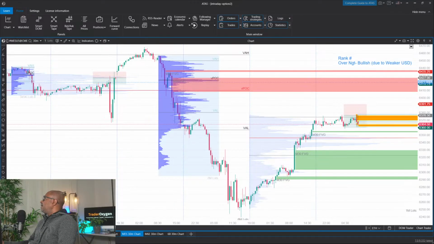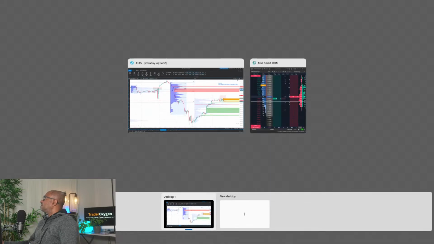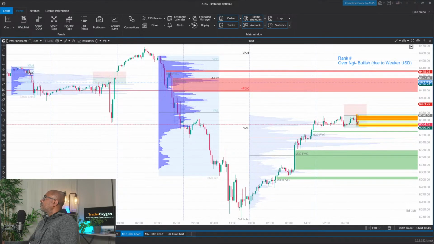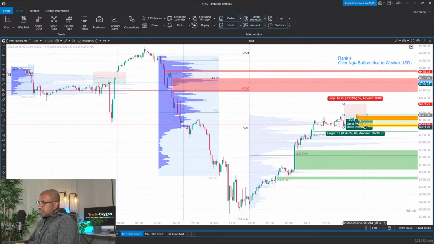So basically, if we look over here, let me bring it over here once again. Okay, so now looking over here, when we place this quick scalp sell entry, that gave us a winning trade of 61 ticks, right?